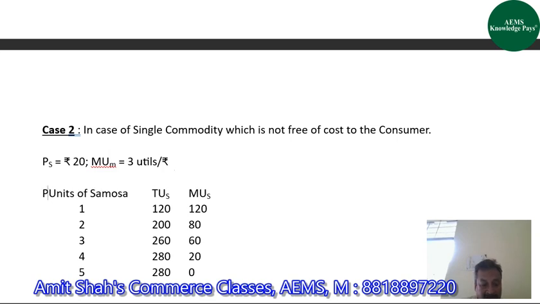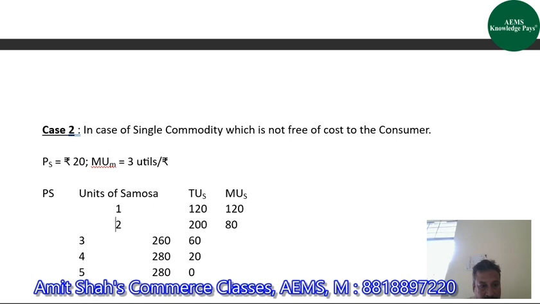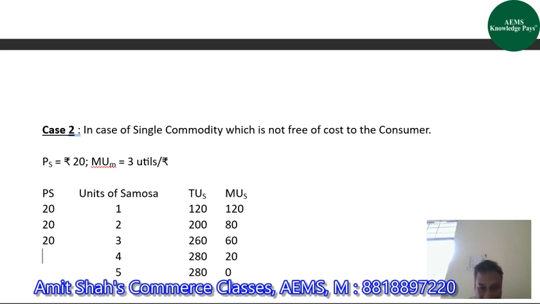Now, here, price of samosa is 20 everywhere. Whether he takes 1 samosa or 5 samosas, every time he has to pay price of rupees 20. Right? And whenever he spends rupee 1, how much satisfaction he expects is 3 utils.